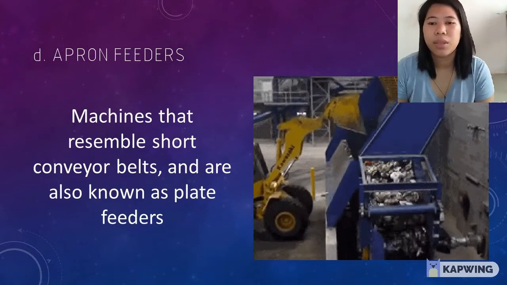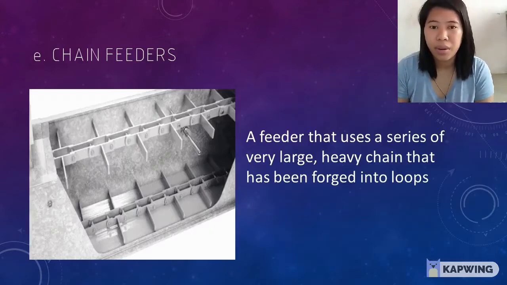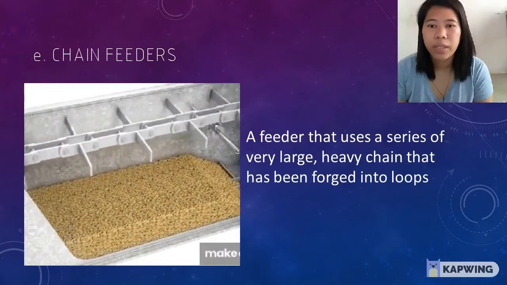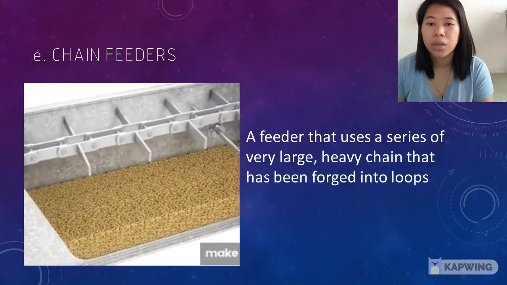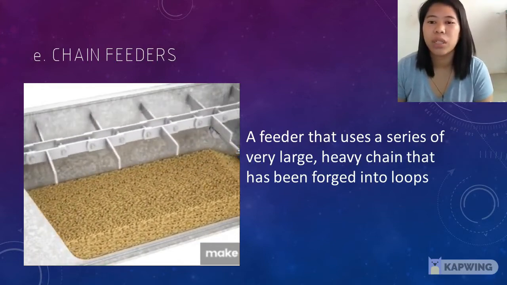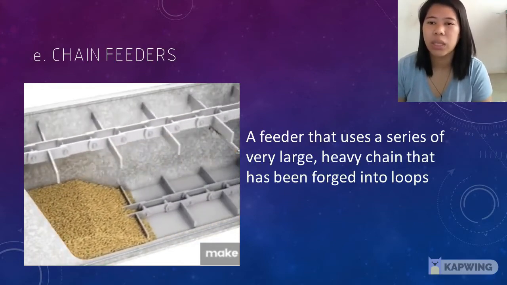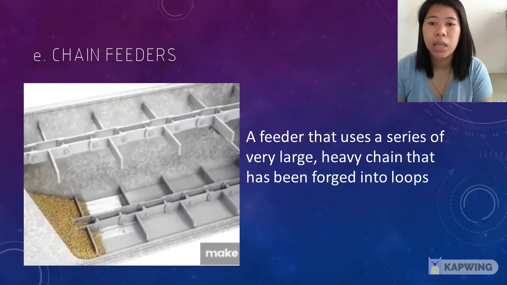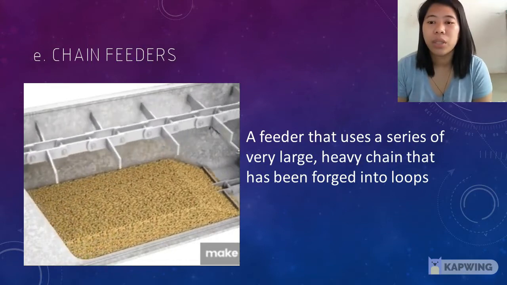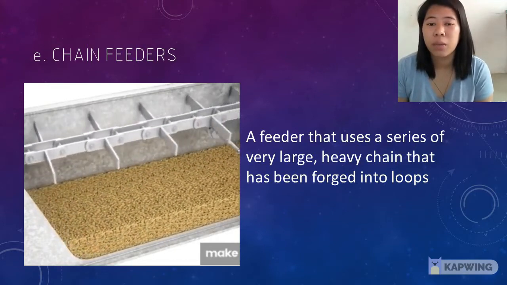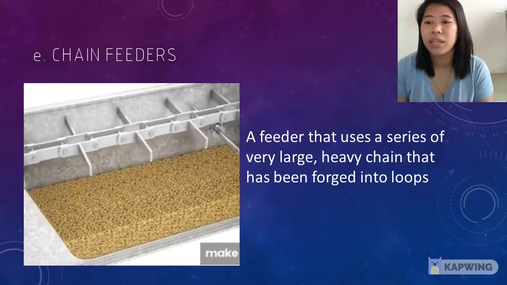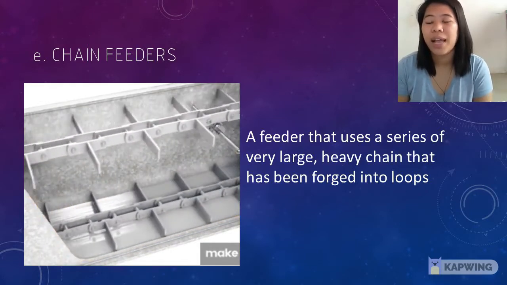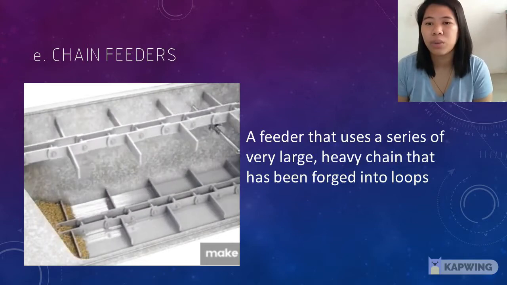And another type of feeder is the chain feeder. Usually this chain feeder is not something we see in the market. But traditionally, chain feeders are observed in poultry, and this assured a fast distribution of feed at the desired amount.